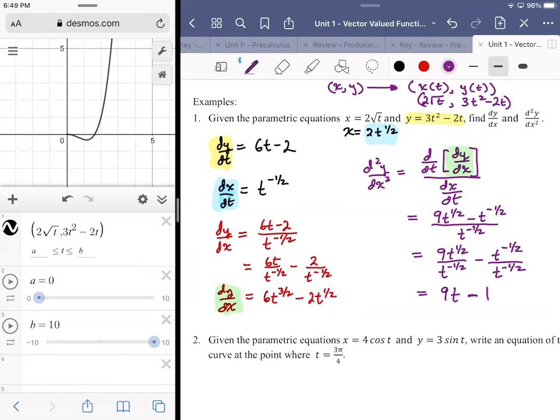So the idea that a function could be discontinuous or non-differentiable is still something that we have to consider, right? So I'm looking at the x equation, and I'm saying t has to be greater than or equal to 0. Otherwise, the function, in this case, it is a function, does not exist, all right?